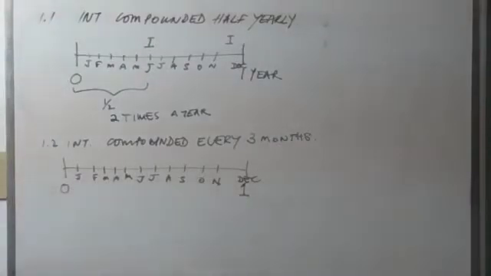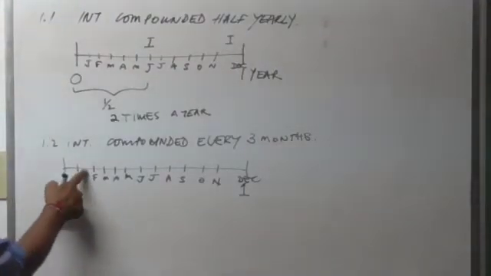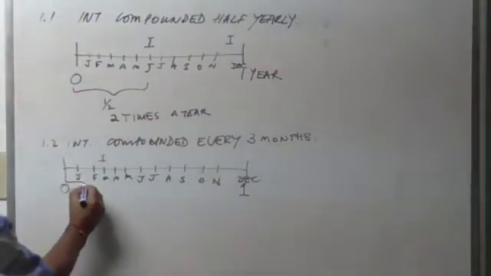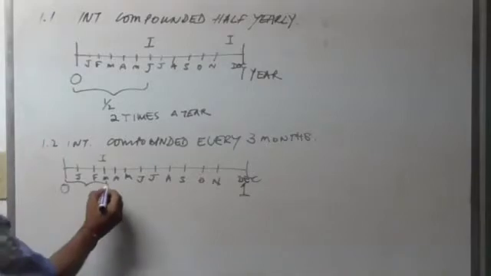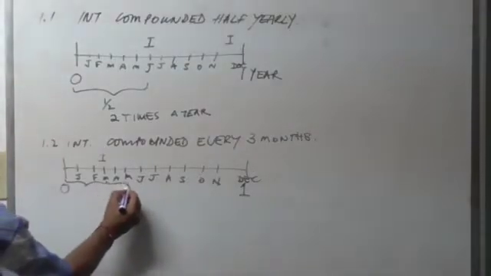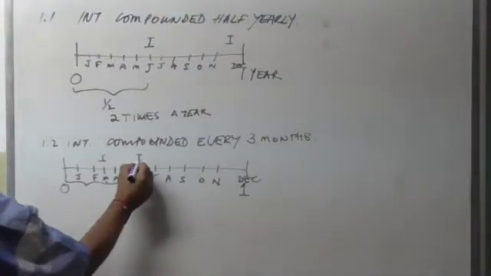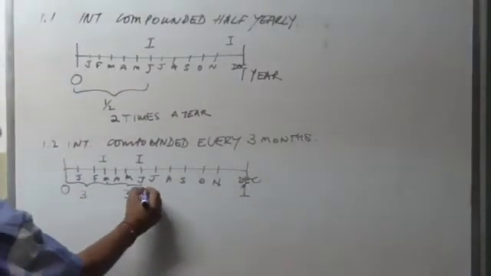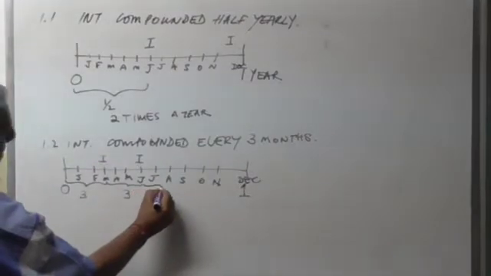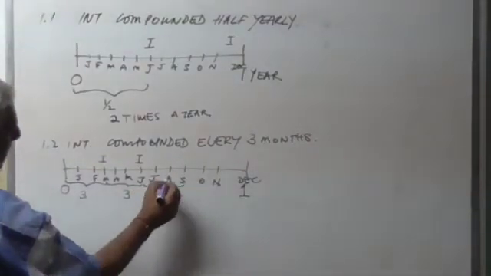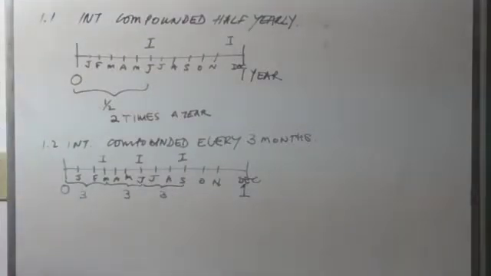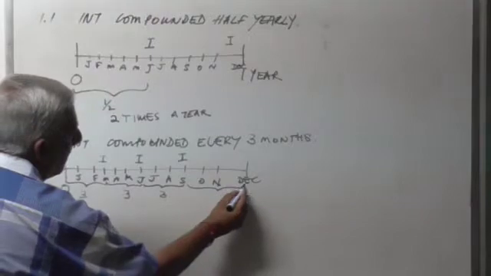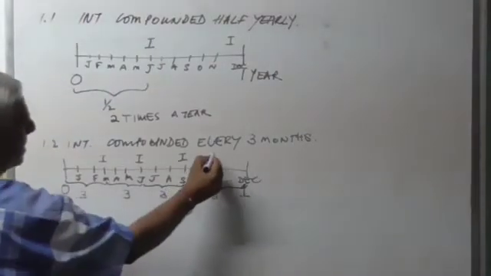Now you get interest every 3 months. So 1 month, 2 months, 3 months. So you get interest after 3 months. Then 1, 2, 3. You're getting interest again. After 3 months, then 1, 2, 3, after 3 months you're getting interest again. And then you're getting interest again.